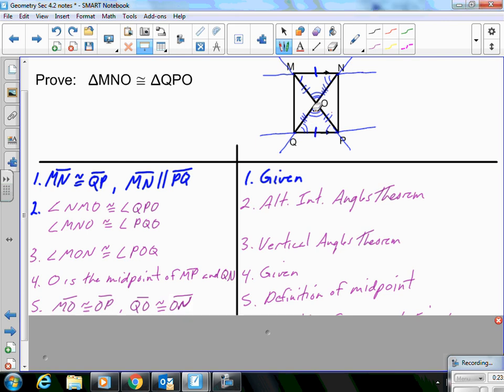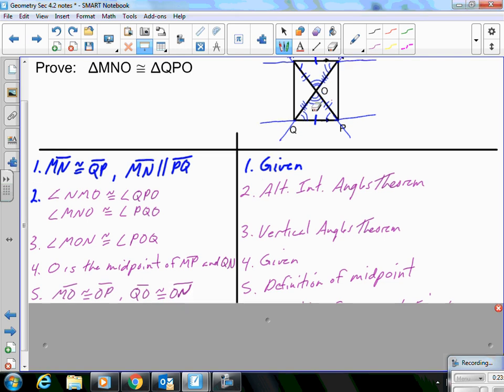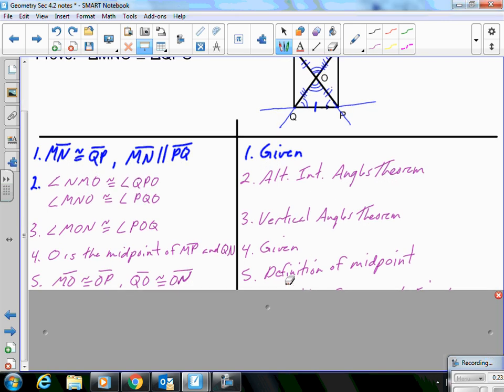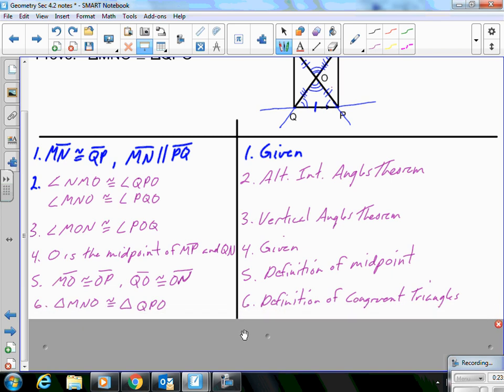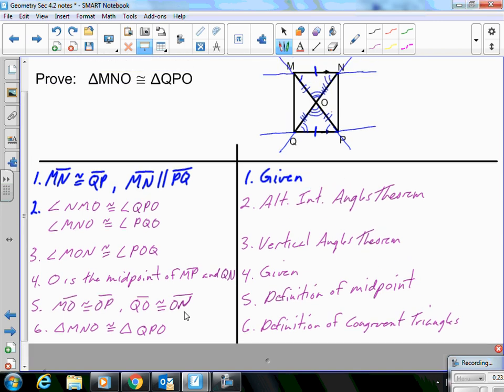So since all of our angles and all of our sides are congruent, what can we say about those two triangles? That the triangles are congruent, based on the definition of congruent triangles, which says that all the corresponding angles and all the corresponding sides would be congruent if two triangles are congruent. So triangle MNO is congruent to triangle QPO.